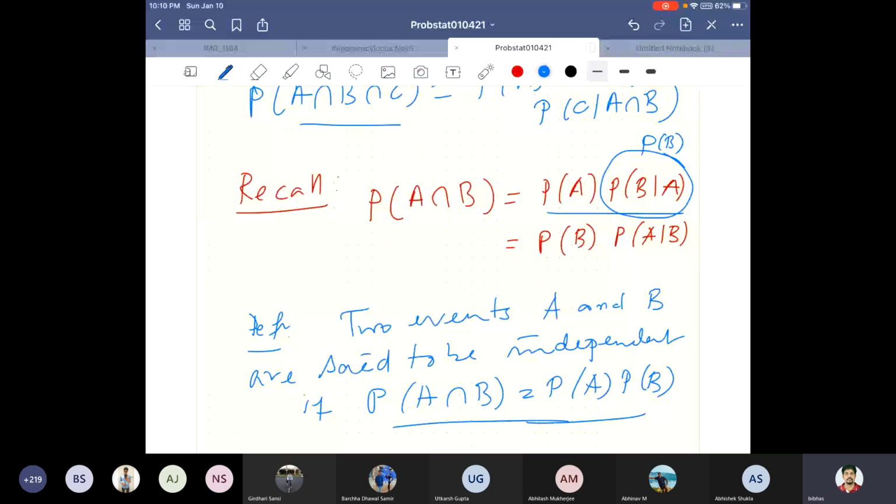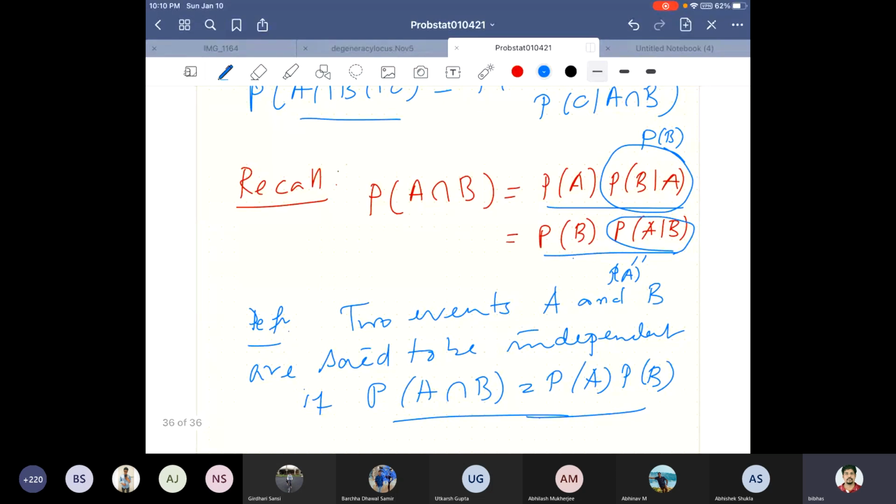So two events A and B are independent if the occurrence of one does not affect the probability of the occurrence of the other. Similarly, A intersection B equals P of B times P of A means P of A given B has to be equal to P of A, so occurrence of B does not affect the probability of occurrence of A. Then these two events are independent events.